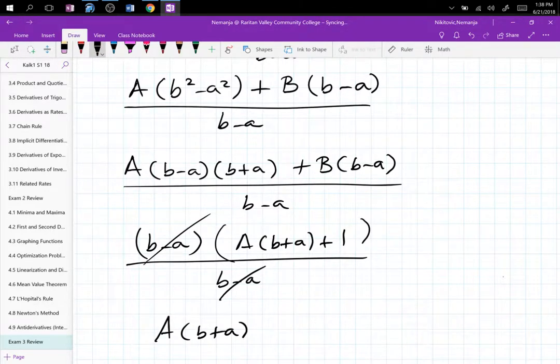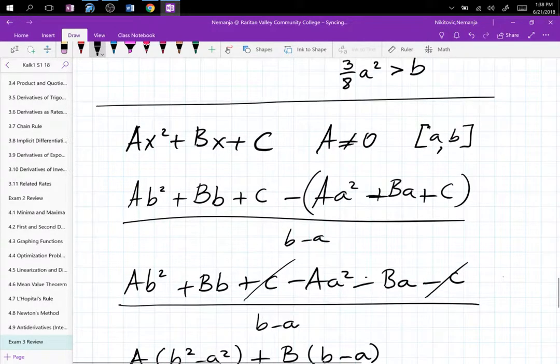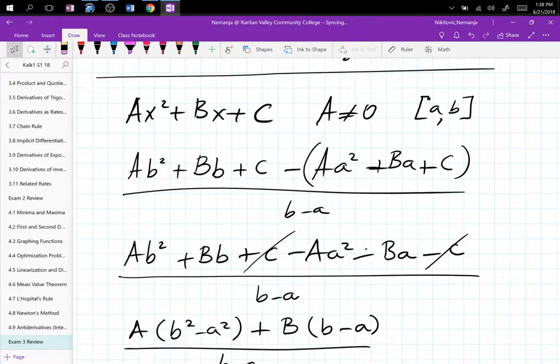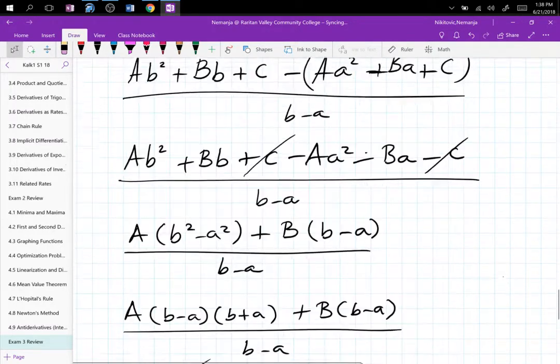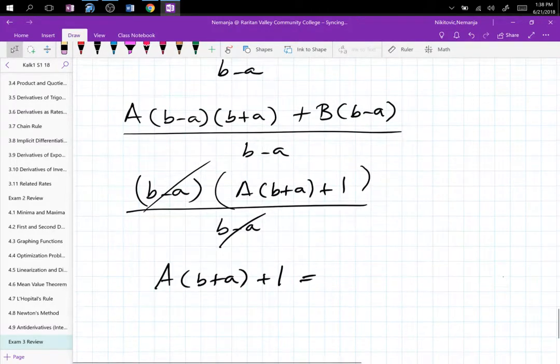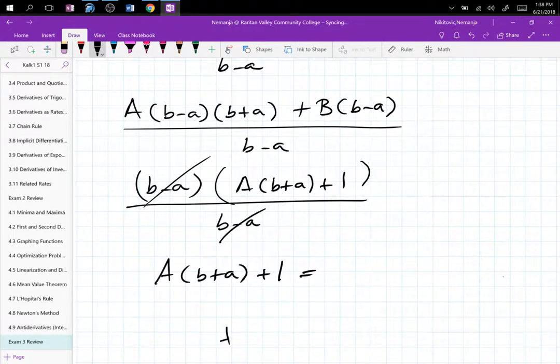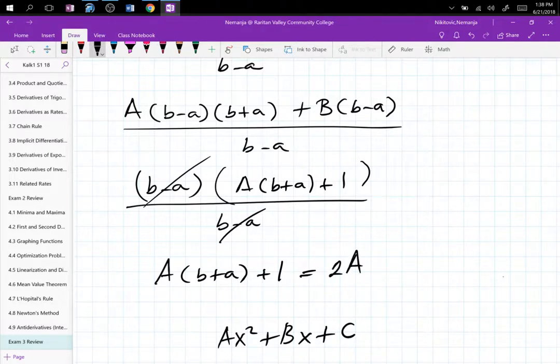a(b+a)+b is equal to, and I neglected writing the derivative. I am a terrible person. I'm supposed to write the derivative on the other side. So the derivative of ax squared plus bx plus big C is supposed to be 2a times lowercase c plus b.